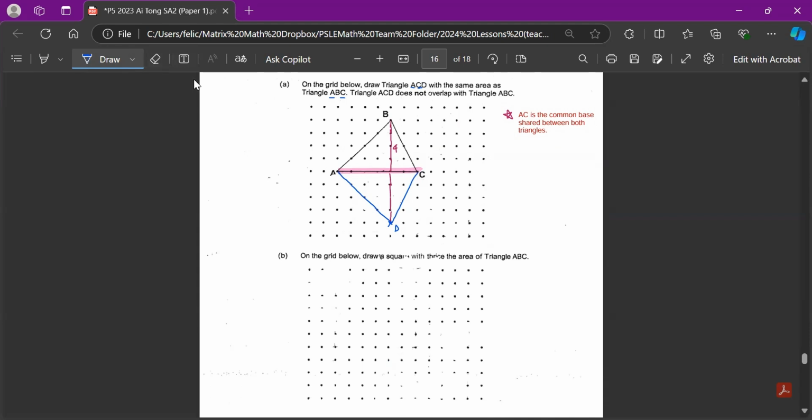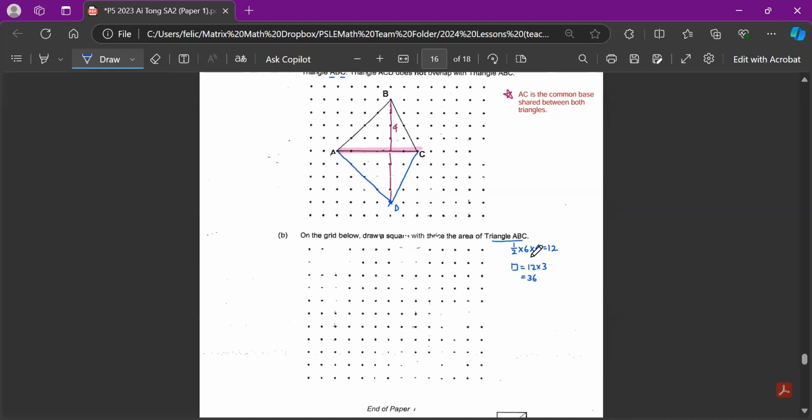All right, so that means the area of triangle ABC is simply half times 6 times 4, which is 12. Which also means the area of the square must be 12 times 3, 36, because the square is thrice the area of this ABC here. Alright, so I need to make sure the square I draw has an area of 36 units squared.